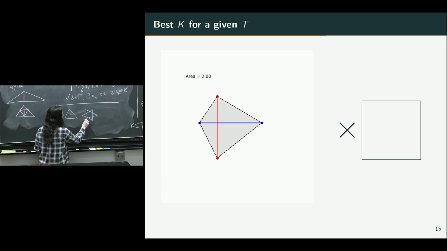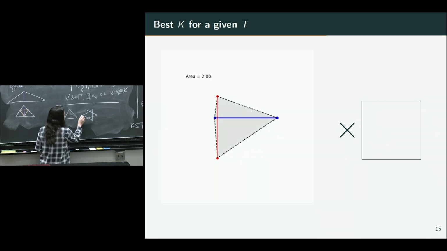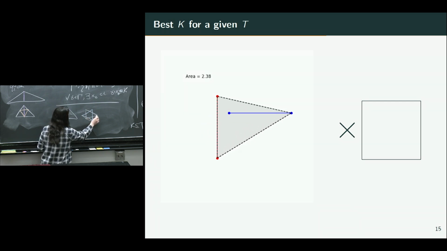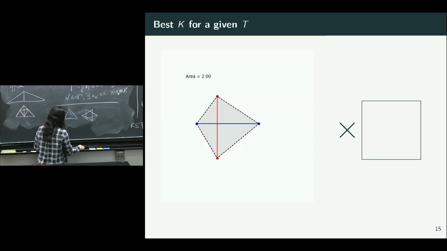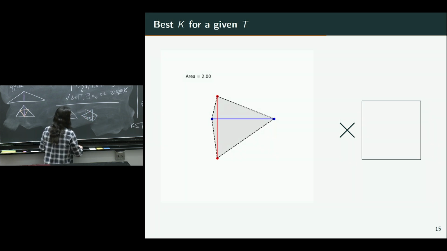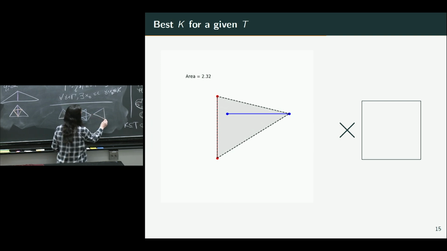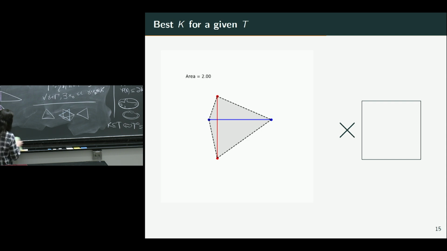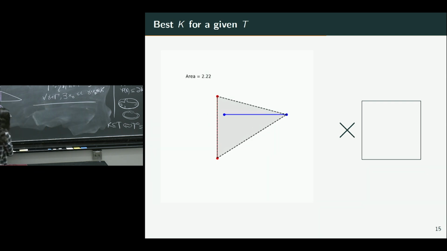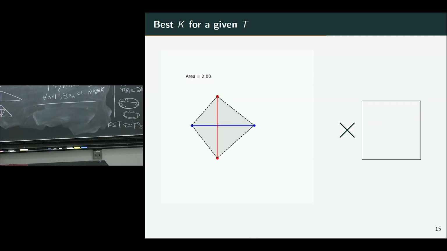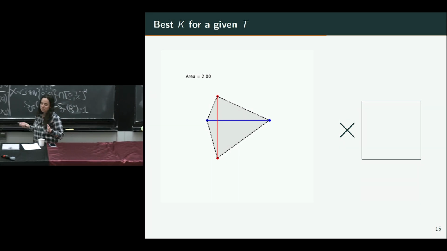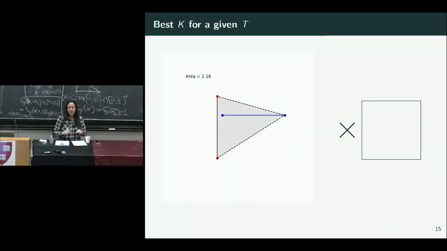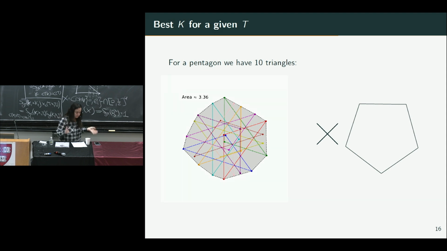And the minimizers under this would be, oh, it doesn't look like this, but some sort of hexagons. Oh, it's a bad drawing, sorry. So they would all be hexagons. Maybe I will erase this because it's a bad drawing. But what happens when we look at a pentagon?